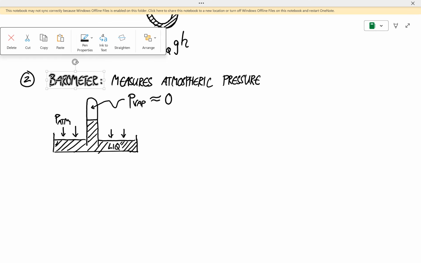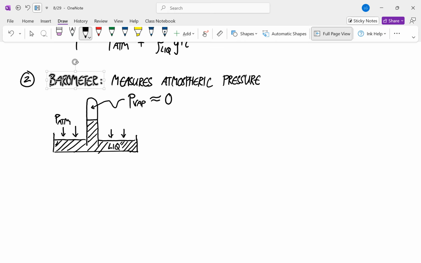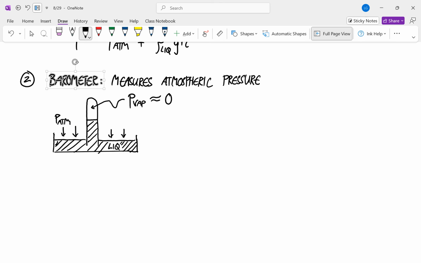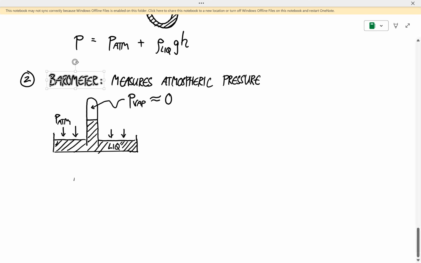And so if we assume that the pressure at the top is zero and the lower pressure is atmospheric pressure, then again, you can use that pressure equation to get that the atmospheric pressure is equal to zero plus the density of the liquid times acceleration of gravity times h.